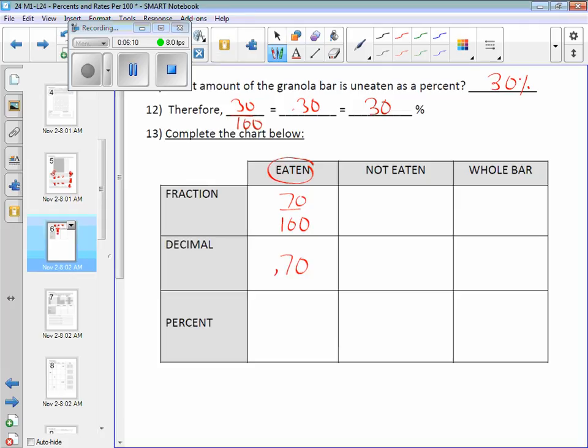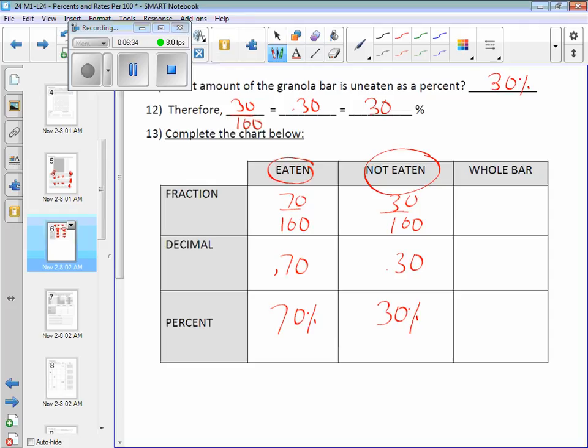All right. Not eaten or uneaten. It's a decimal. Which is what as a percent? Now here's where it becomes really, really important to kind of understand how all three are connected. Hopefully, you'll start to see this.